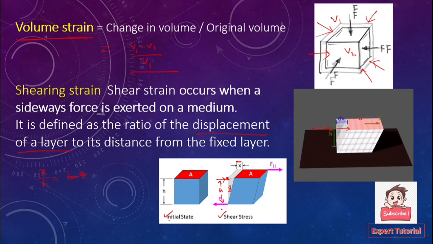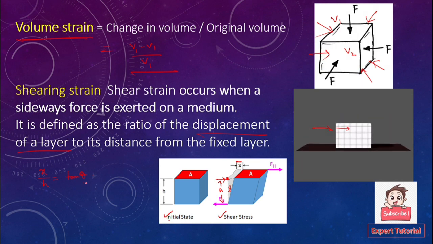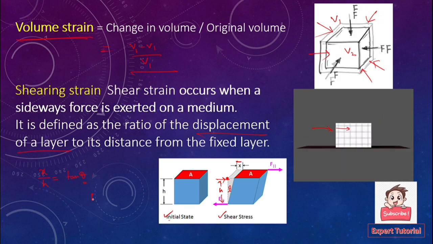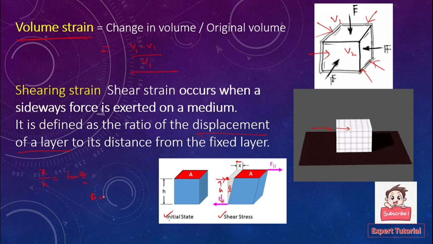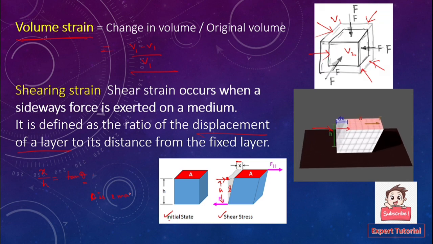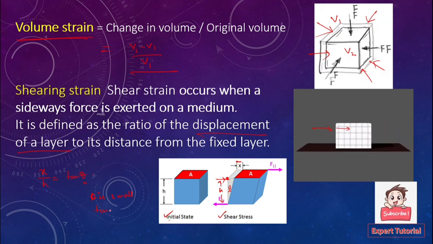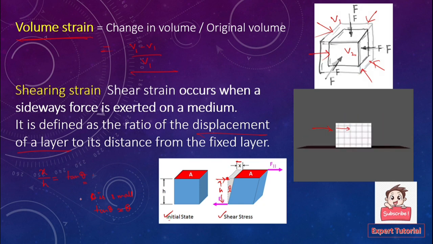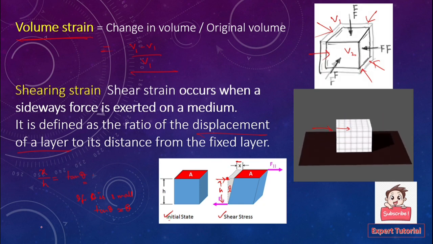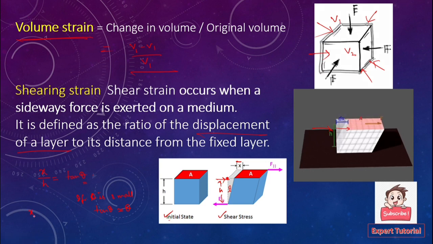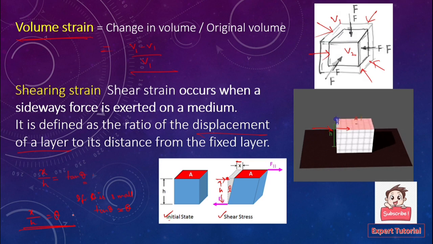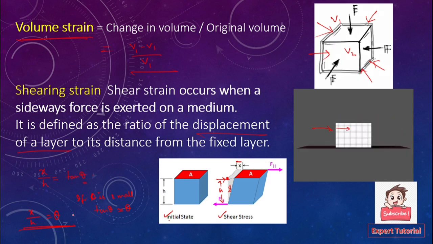So if this theta is small, tan theta and sine theta are equal to theta. So this x by h becomes theta, and this is the shearing strain. This is the shearing strain.